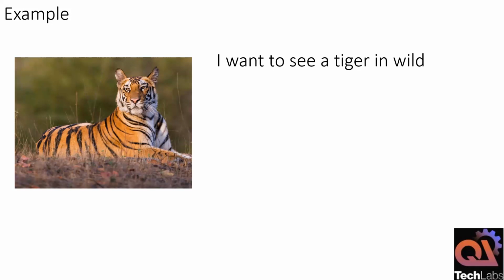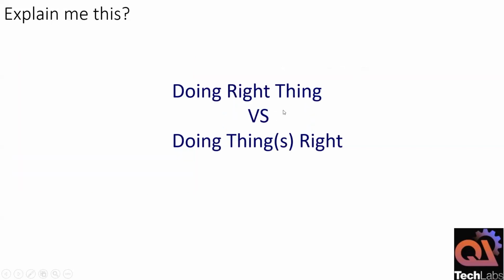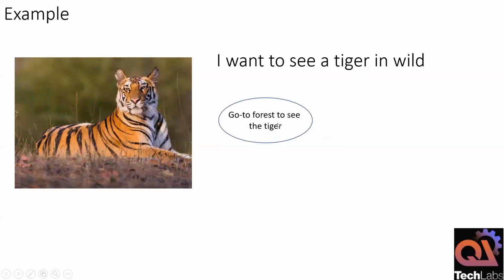I'm talking about a live tiger, okay, a real tiger, not the tiger on the screen. So let's see what it is. I want to see a tiger in the wild. I go to the forest to see the tiger. So this is the right thing. The right thing to do to see the tiger is to go to the forest.